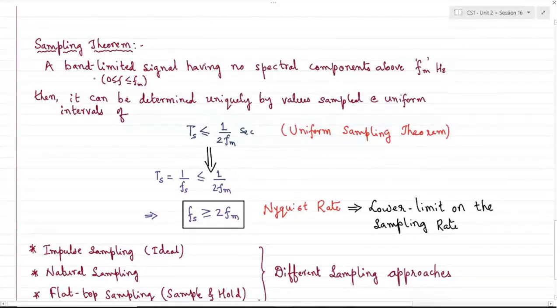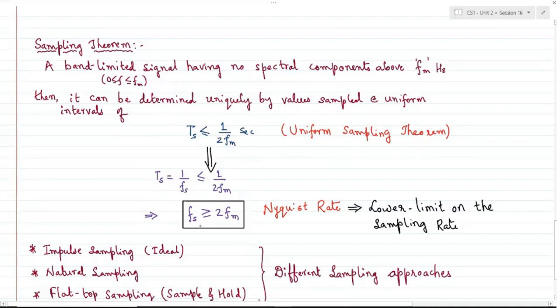Formally, it states that any information bearing signal, if it is band limited to 0 to fm hertz, then it can be uniquely determined by the receiver if it is sampled at uniform intervals of Ts less than or equal to 1 over 2fm. And this is known as the uniform sampling theorem.